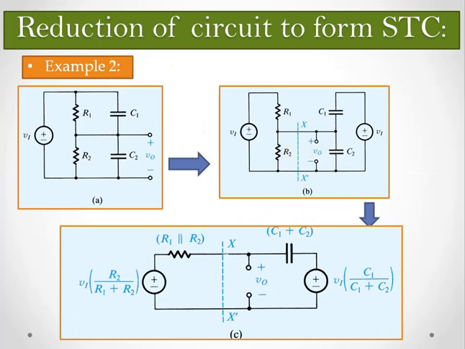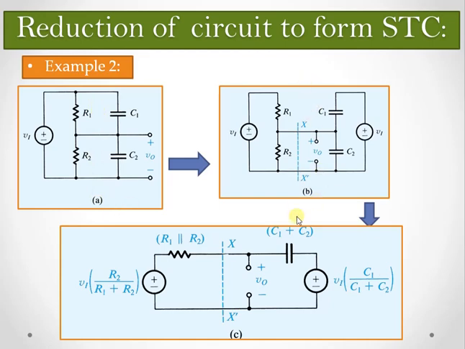Coming to example 2, this circuit has two resistances and two capacitances, and we are going to reduce this circuit into a single time constant circuit. What we basically do is partition this particular circuit shown in figure A into two parts, wherein we will compute the output voltage between the two resistances and the two capacitances.